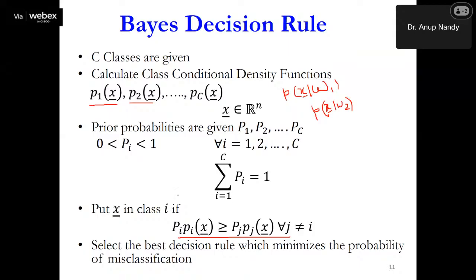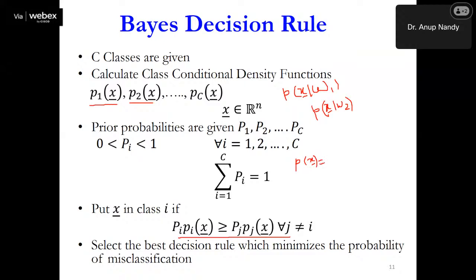For this, I also explained that you need to apply this P of x. So what is the density function? We are going to use the multivariate Gaussian.